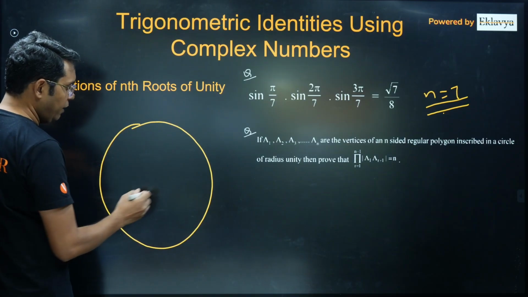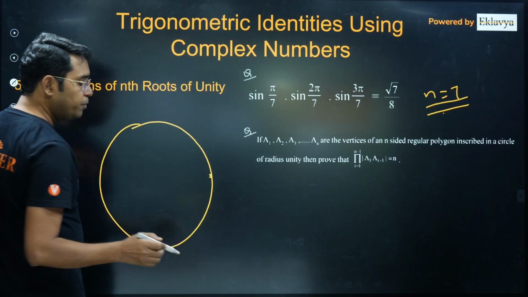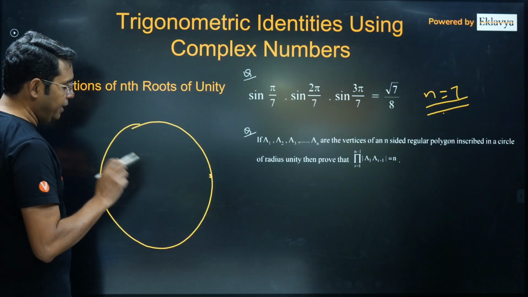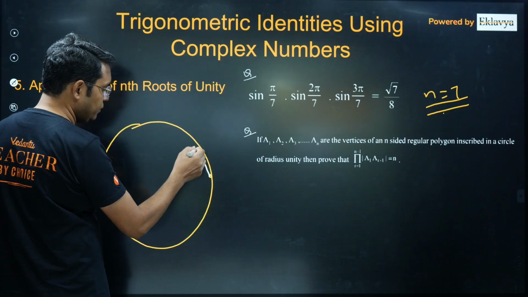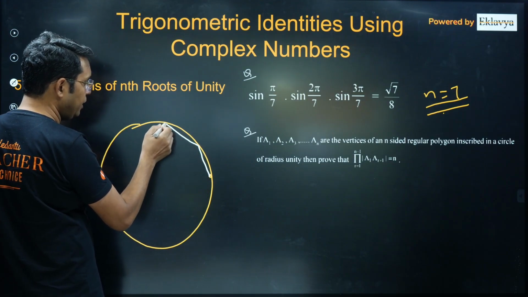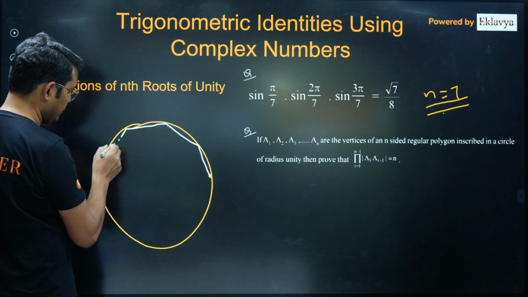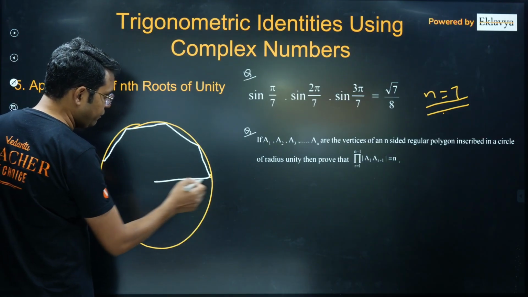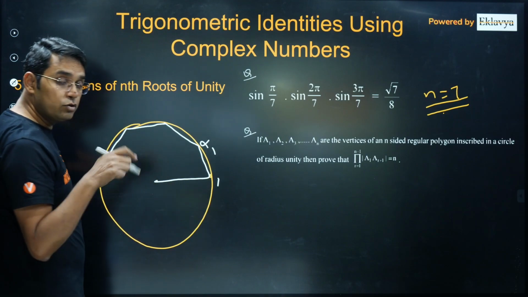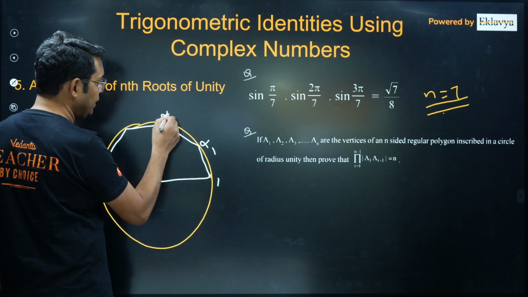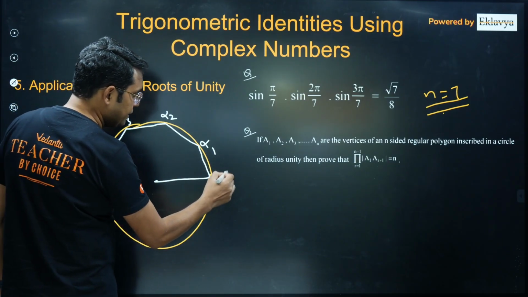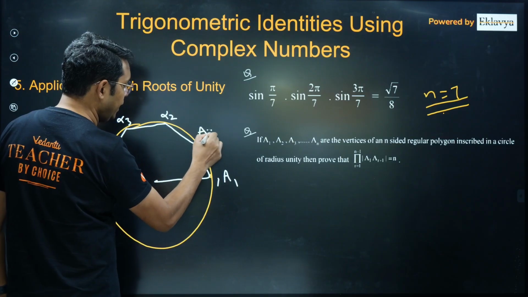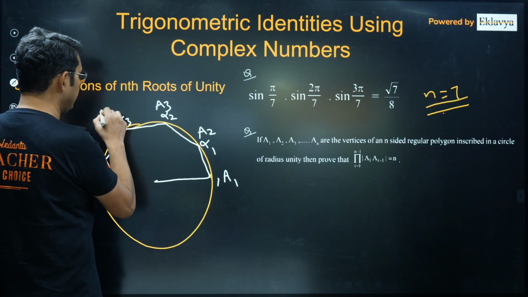If I have a regular polygon of n sides, we can think that it is created with the help of all the nth roots of unity. So this is, let's say, 1, then the other vertices of your polygon are alpha 1, then alpha 2, and so on. So this is, let's say, A1, this is A2, this is A3, this is A4.